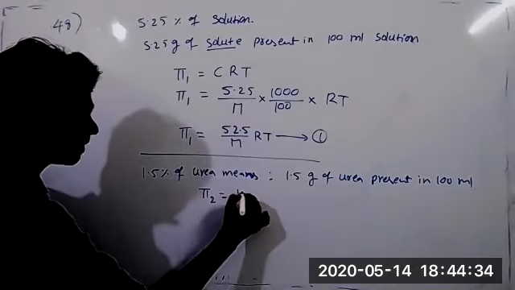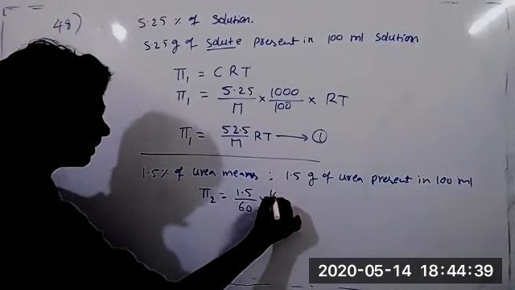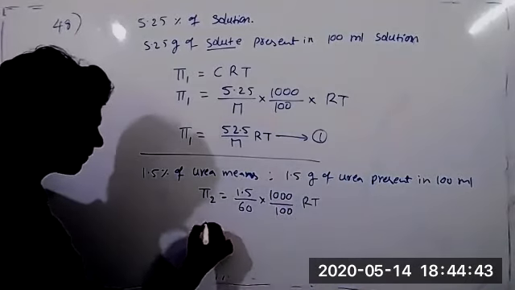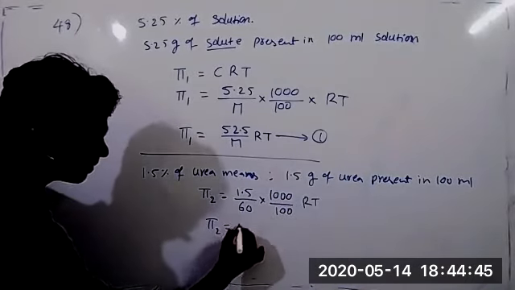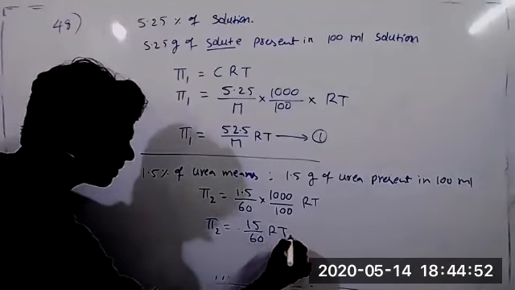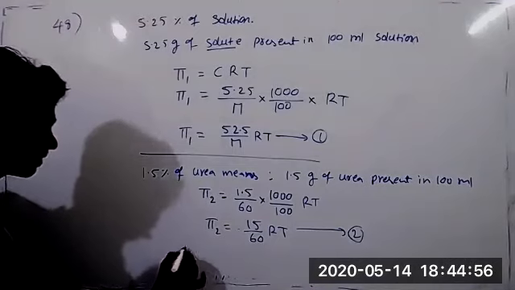Mass is 1.5 grams, molar mass of urea we know is 60, into 1000 by 100 ml solution into RT. So π2 is equal to 15 divided by 60 into RT. This is equation 2.